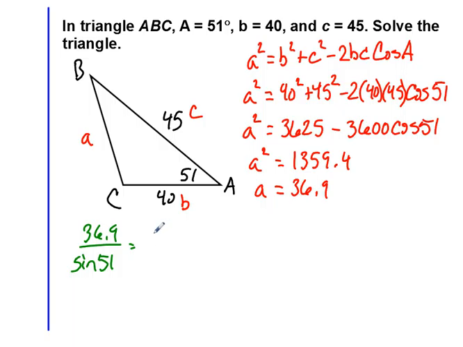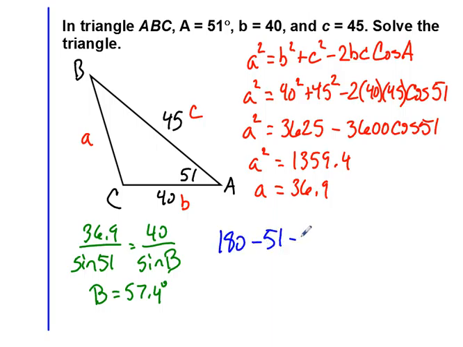So let's work on angle B, 40 over the sine of angle B. Solve that law of sines, and your angle B will be equal to approximately 57.4 degrees. And then using our 180 degrees for a triangle, we're going to get our angle C, 71.6 degrees. There you go.